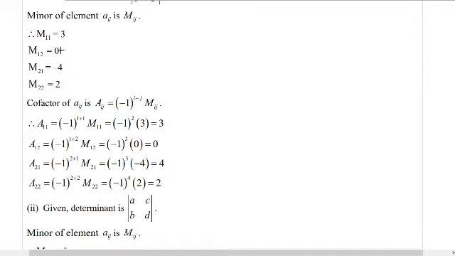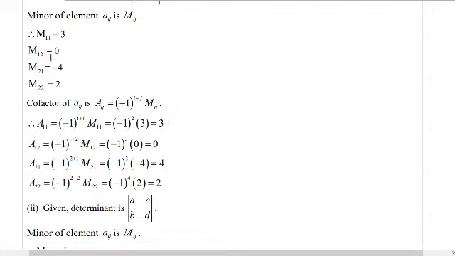For example, since minor 11 is 3, by the help of this minor 11, we can calculate A11, and A11 will be equal to minus 1 raised to power sum of these two numbers. So 1 plus 1 into minor 11, and minor 11 is 3. So minus 1 raised to power 2 is 1 only, and 1 into 3 is 3.